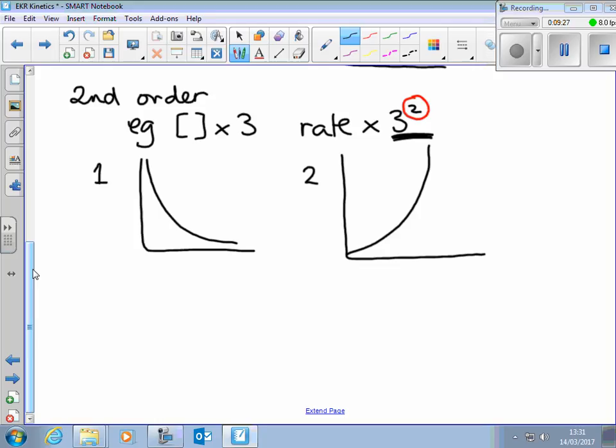Now, the one that you're going to do for the coursework, which I think is next week, you do that practical, or you start doing it. I've put 3 sessions aside for you to get everything done in and repeat anything that needs doing. You have to be quite creative to get a horizontal line for one of them. Yeah, that's giving too much away, isn't it? But that horizontal one for the 0 order there.